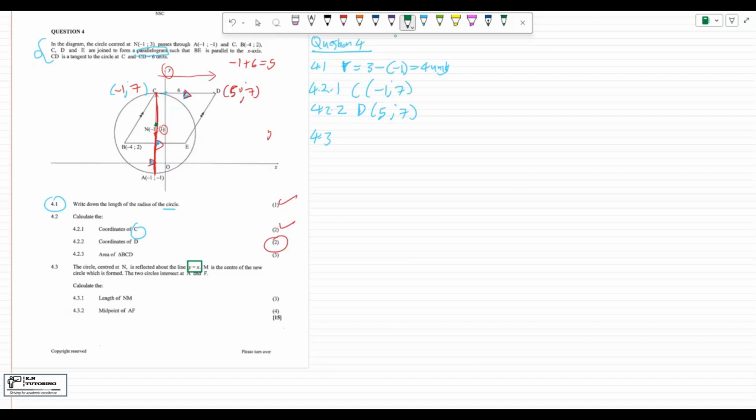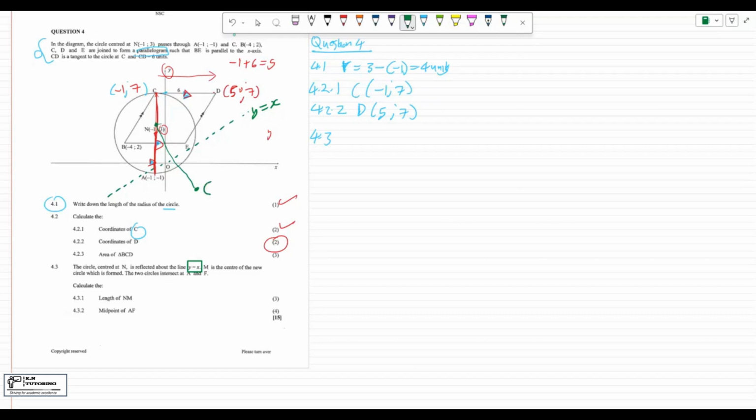So we know that the line y equals x is like that. If this point will be reflected about this line, it will come somewhere there. So this point has shifted and it's now here. Now, what does that mean? When you reflect about the line y equals x, your x value becomes your y value, and your y value becomes your x value.